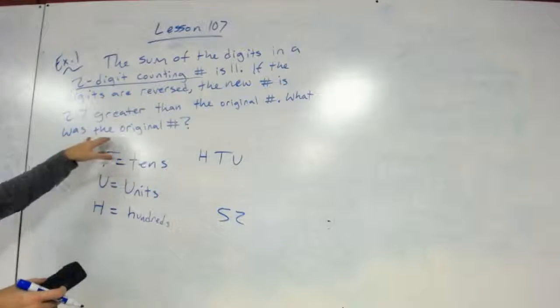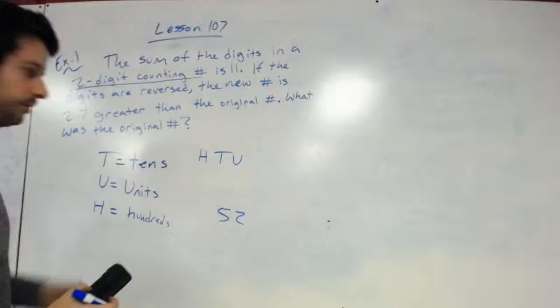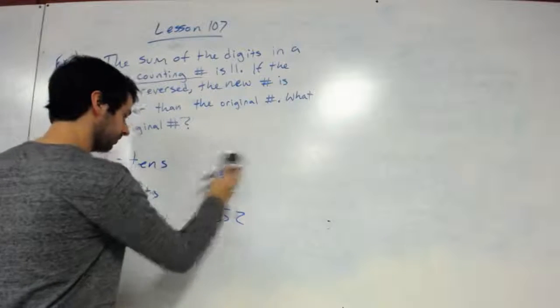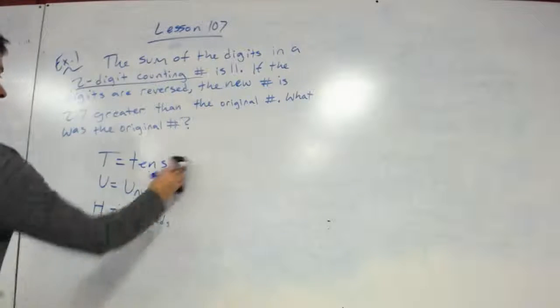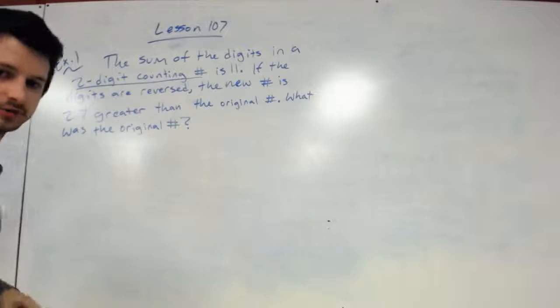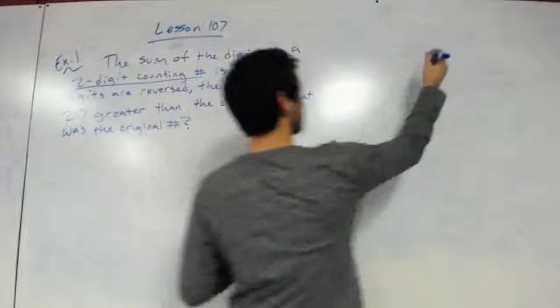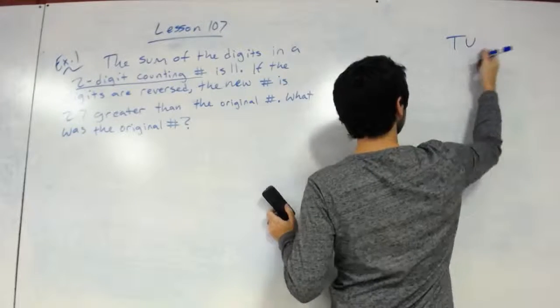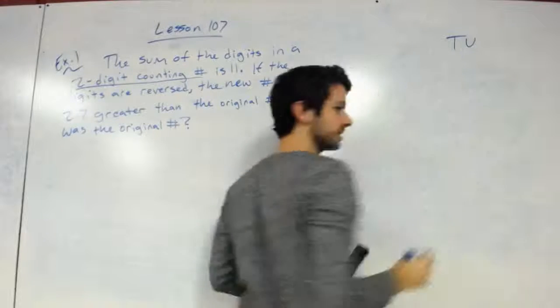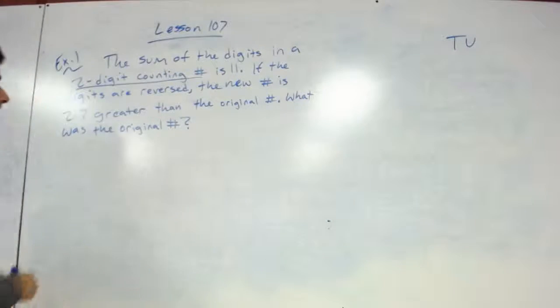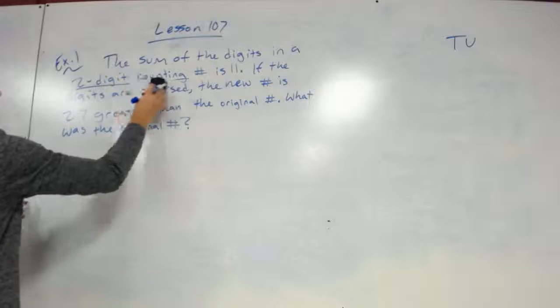That is my original number that I am looking for. So I'm going to put off to the side that we are looking for TU, the tens place and the units place.